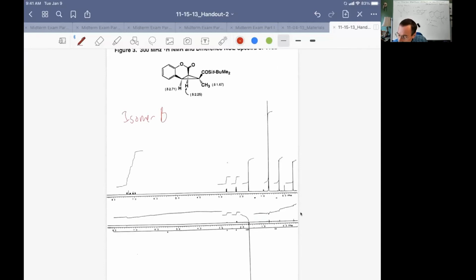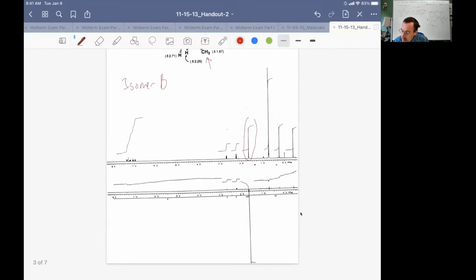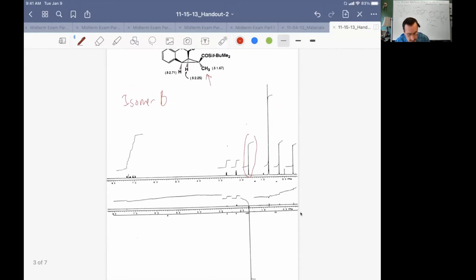In this experiment, I picked out this methyl group and I said, okay, look at the methyl group. If the methyl group is on the same side of the ring as those two hydrogens, it should be pretty close to those hydrogens. So let's see if we irradiate it and if the signal gets bigger. So here's the difference NOE spectrum.